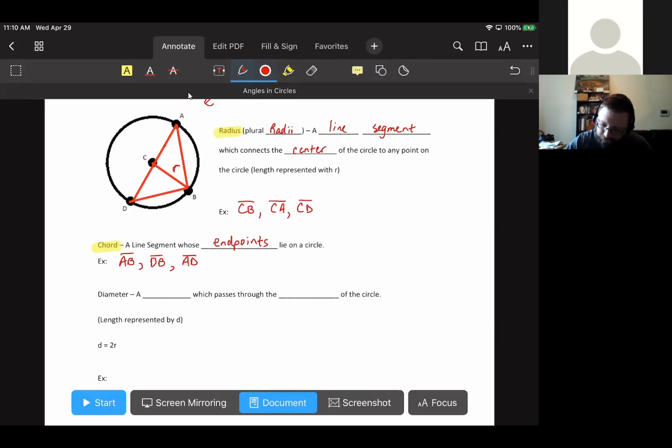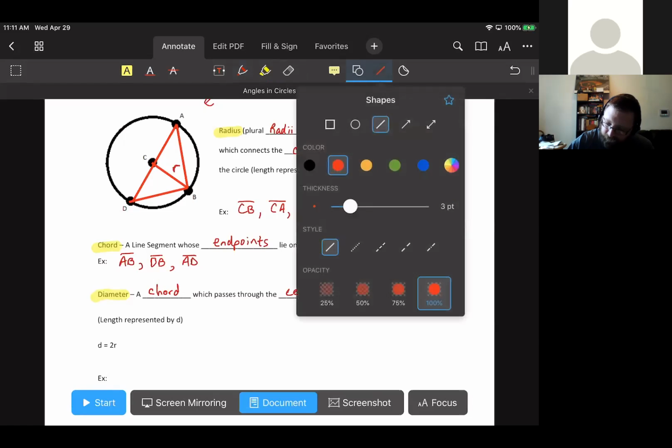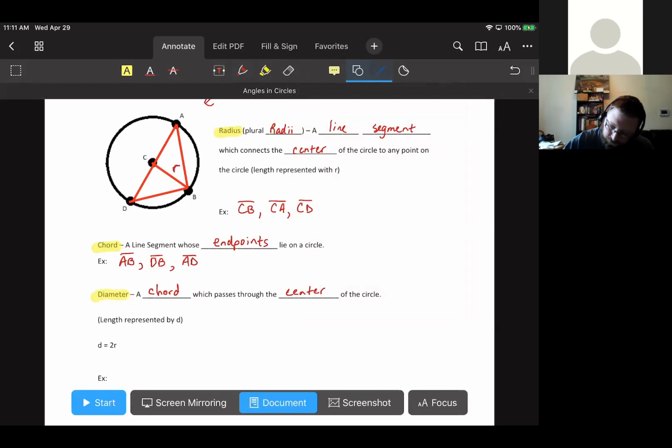Now, from there, the next thing we need to review is this idea of a diameter. A diameter is a specific type of chord which passes through the center. Okay, so for here, we do have a chord that passes through the center, AD.